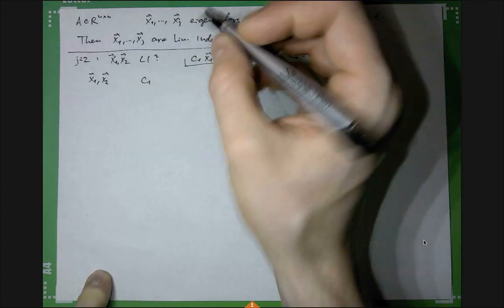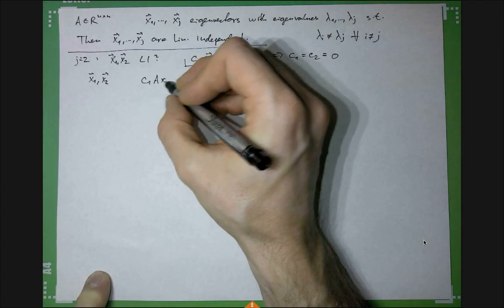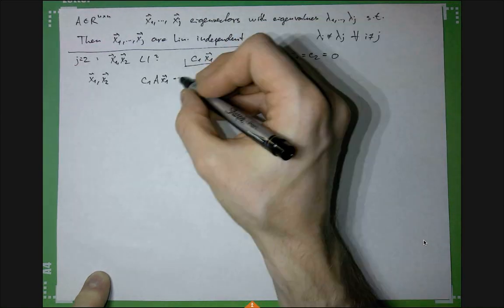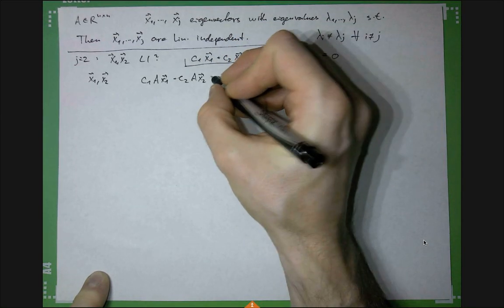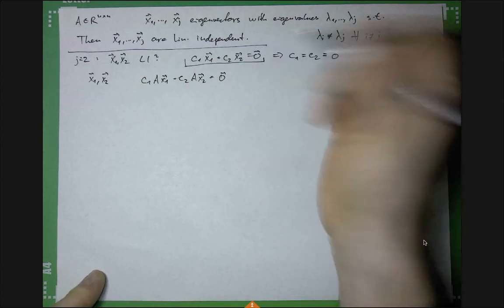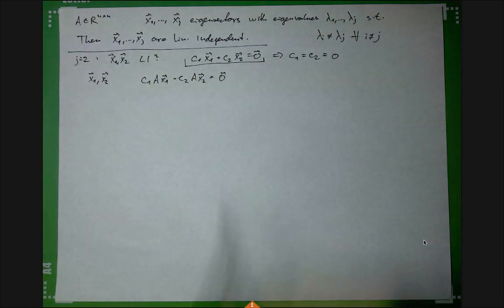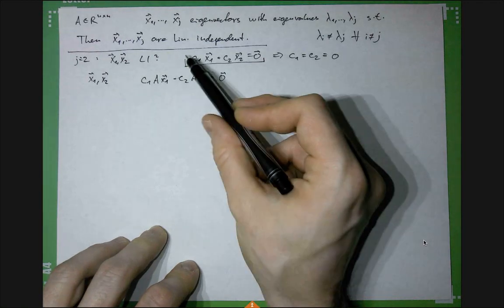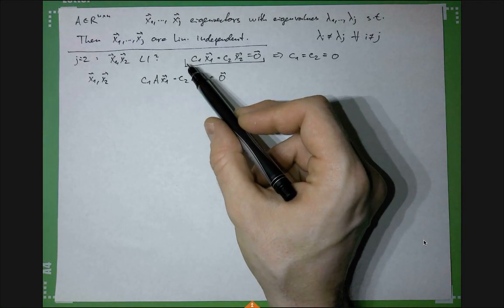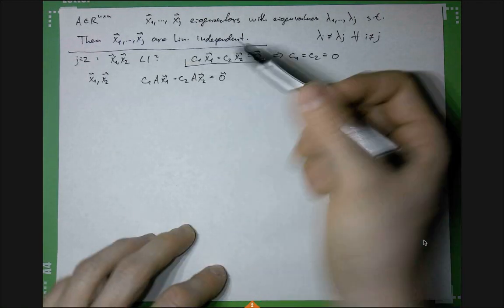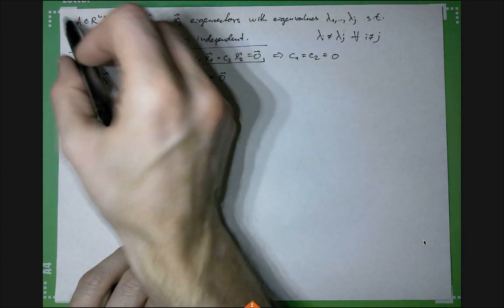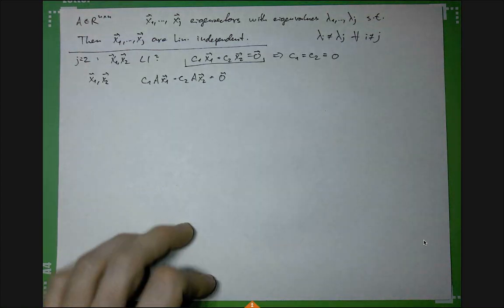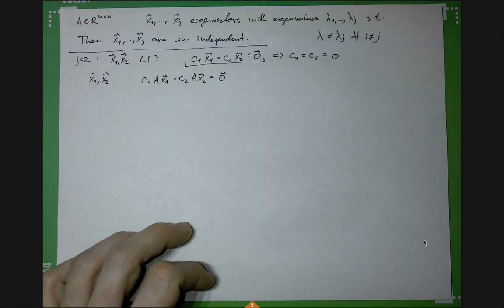And what I can do, I can multiply it all with A, because if I multiply an equality by A, of course A times 0 has to be 0, right? So I start with this, and the fact that x1 and x2 are eigenvectors of A with eigenvalues lambda 1 and lambda 2. Make sense?